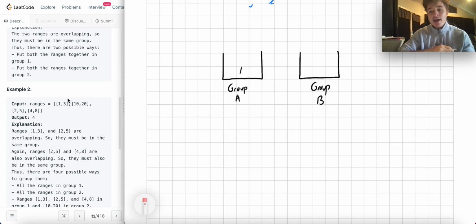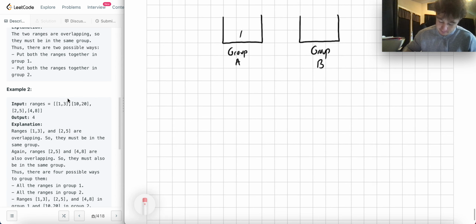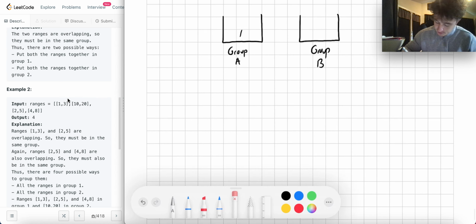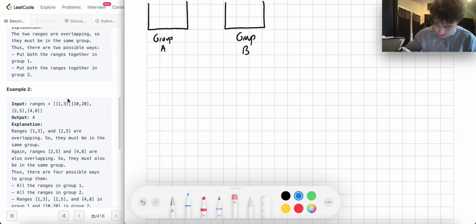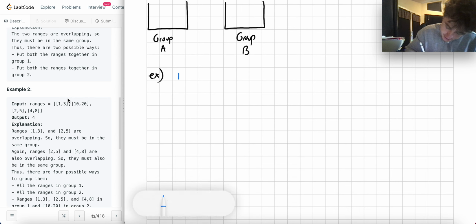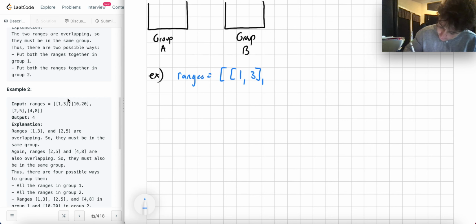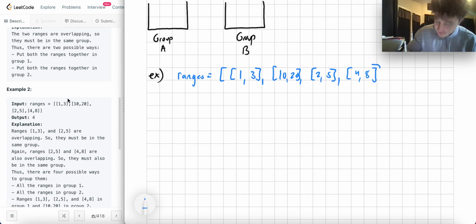Now, a common way of describing these objects is, the example is given as we got the input of ranges equaling 1, 3, 10, 20, 2, 5, and 4, 8. Okay, so this is how the input's given.